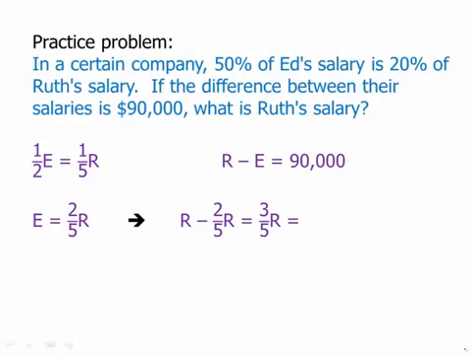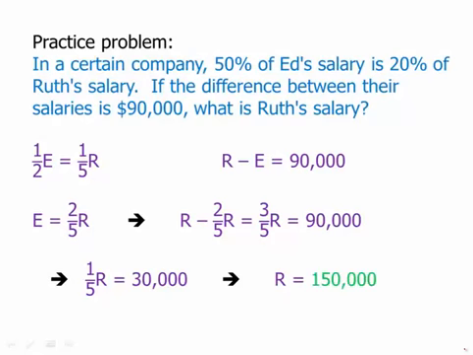So I get R minus 2/5 R, and of course R minus 2/5 R is 3/5 R. You take away 2/5 of anything, you're left with 3/5 of it. 3/5 R equals 90,000. Divide both sides by 3. 1/5 R is 30,000. Multiply by 5. R equals 150,000. And that must be Ruth's salary.